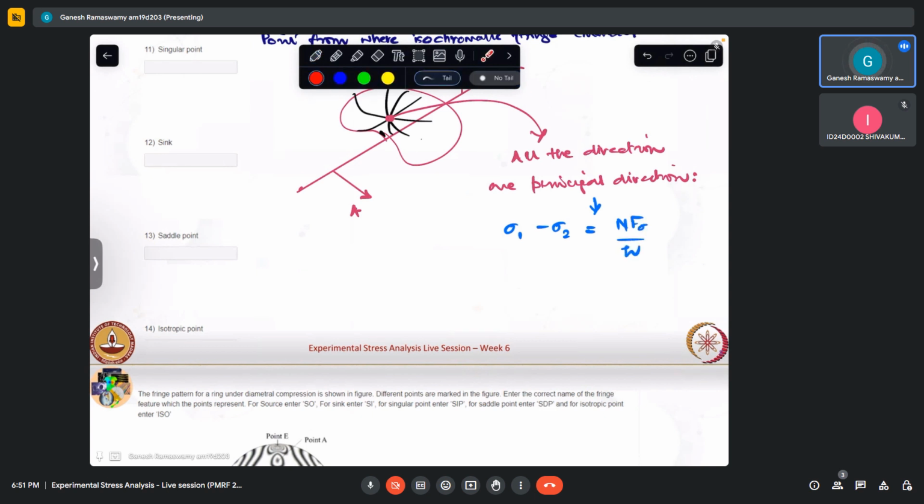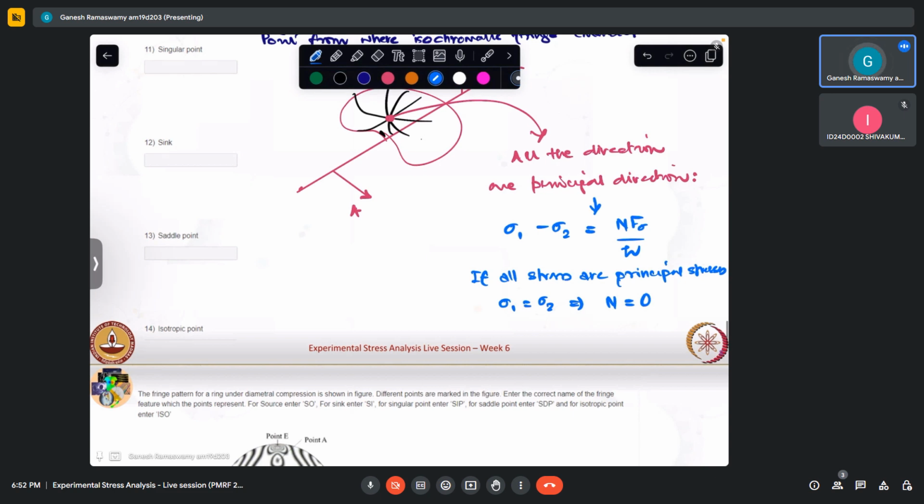If all the stresses are principal stresses, then sigma 1 minus sigma 2 is equal to 0, which means sigma 1 is equal to sigma 2, and as a consequence, fringe order at that point is 0, because the left hand side goes to 0.